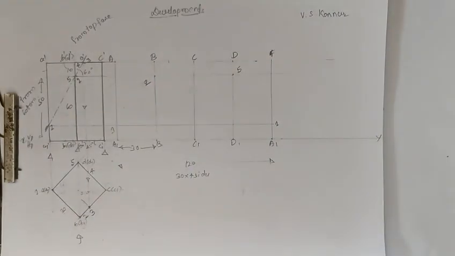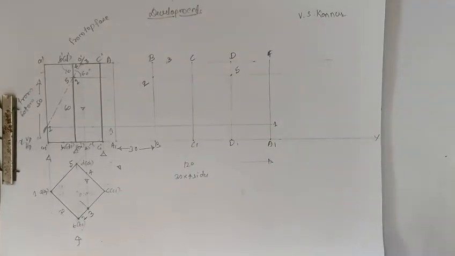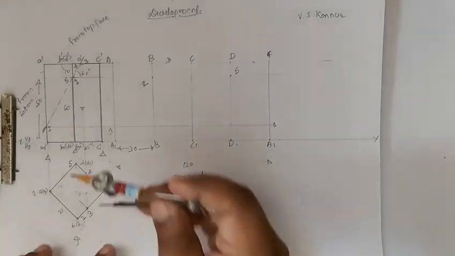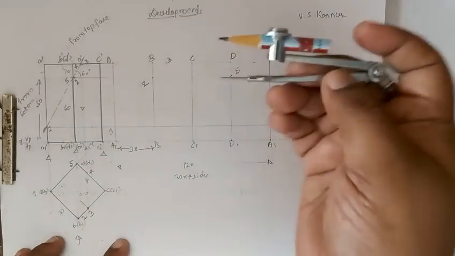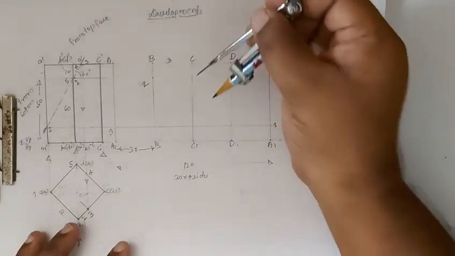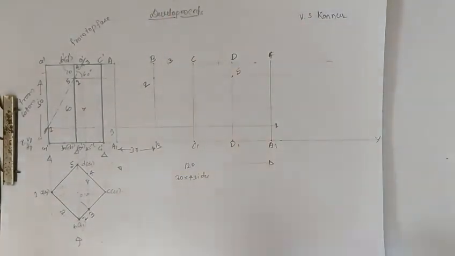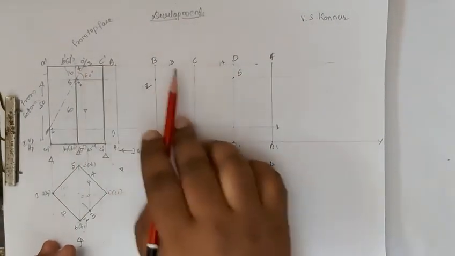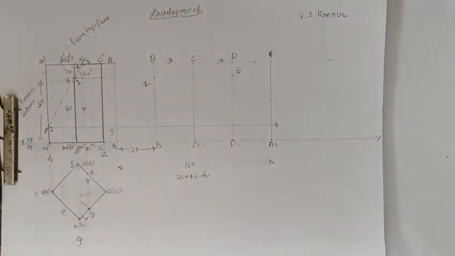So here we will get third point. And then take distance CC1 to 4th, that is C to 4. So this is the distance I have taken, C to 4. By keeping at C point, we'll cut on CD, 4th point. It is top face, so top face we got 3rd and 4th. If it is bottom, you have to get it on bottom face.